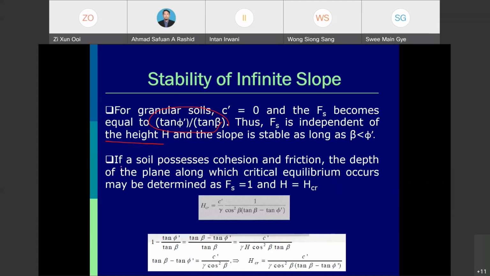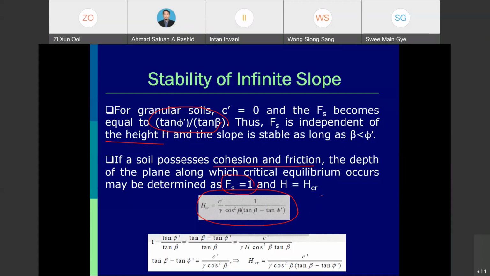If a soil possesses cohesion and friction, the depth of the plane along which critical equilibrium occurs may be determined as factor of safety equal to 1 and H equal to HCR. This is the equation where we can determine the critical height, the maximum height that can be achieved under factor of safety equal to 1.